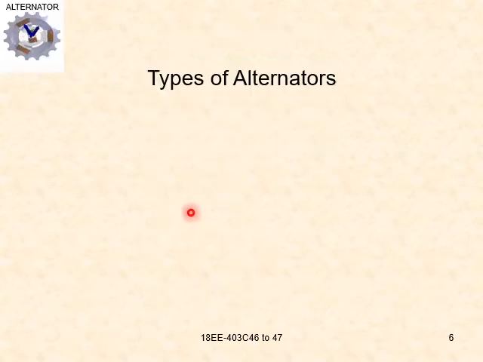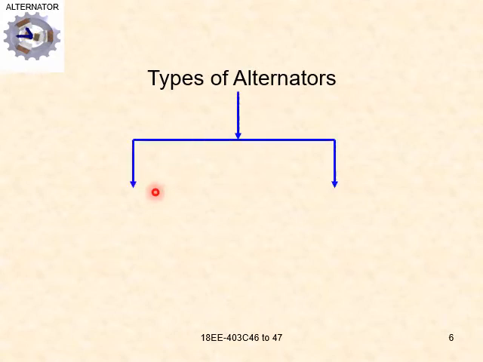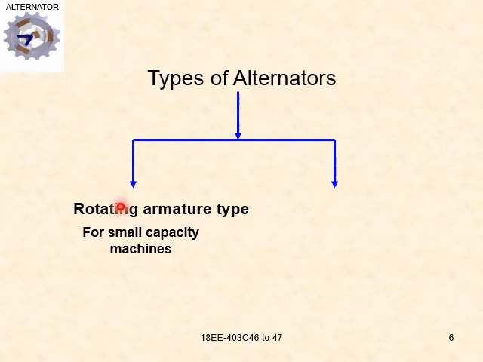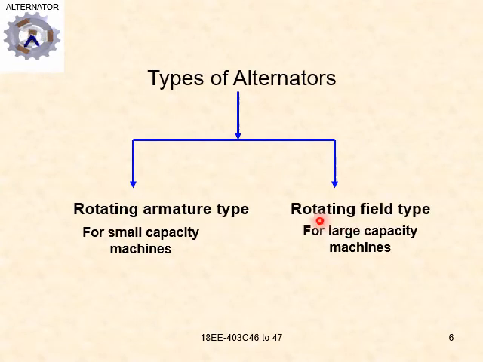Now, types of alternators. There are generally two types: one is rotating armature type and the other is rotating field type. Actually, you may have learned in your DC machines that we call the stator part the field and the rotating part the armature.